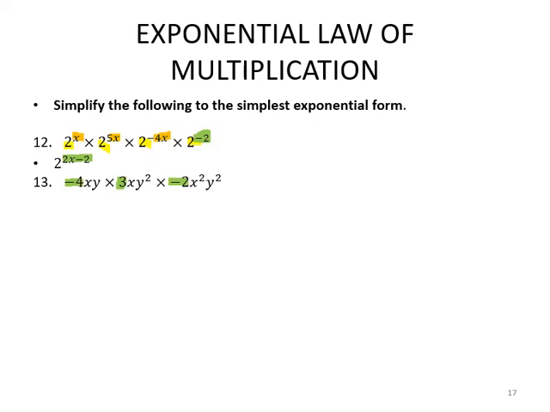And then I'm going to multiply the x's first, which is x to the exponent of 1 times x to the exponent of 1 times x to the exponent of 2. That will give me x to the exponent of 4. Correct. Let's go to the y's.